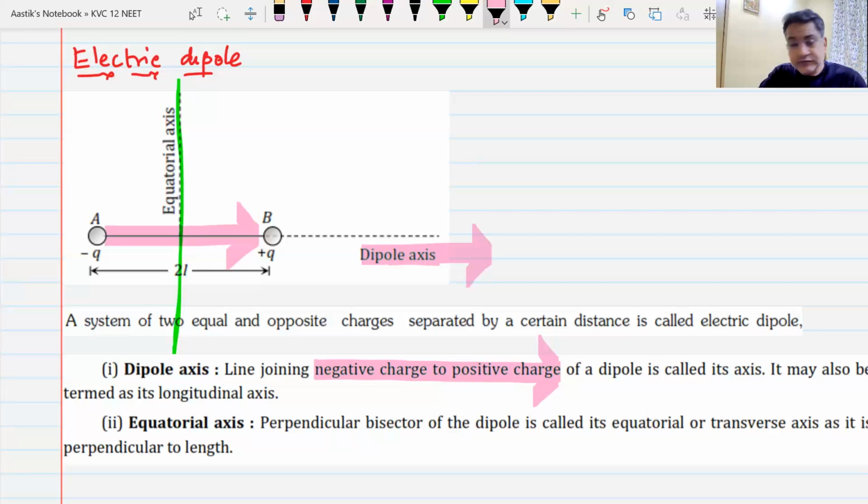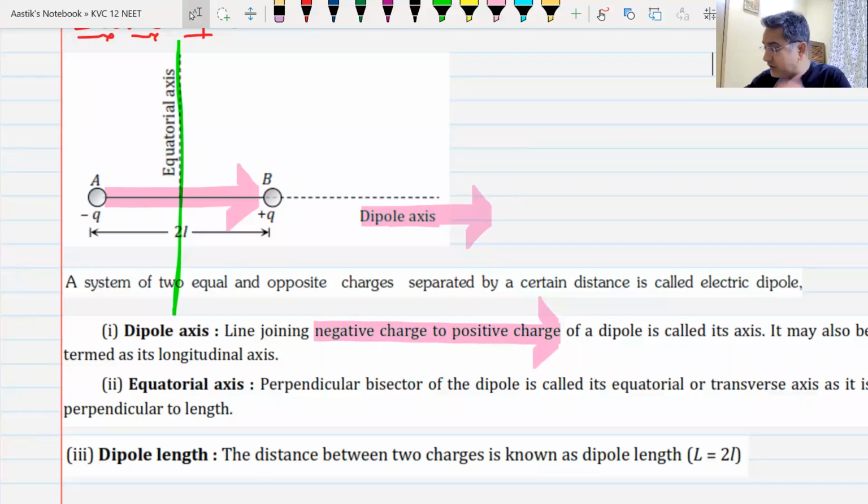Then comes the next term, which we can also see, known as the length of the dipole or dipole length. You can see this dipole length in the diagram in this blue 2L.